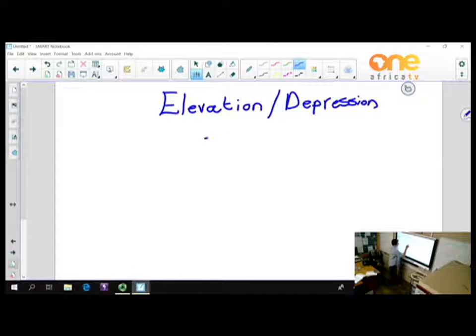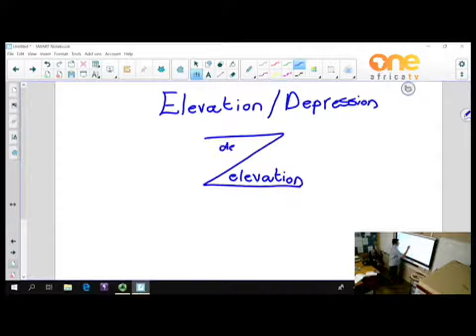So, if we draw it here, this is the angle of elevation, and this is the angle of depression. And this is parallel lines. So we also have alternating angles here. So the depression angle and the elevation angle in this case are going to be equal, because we must make sure that they are inside the triangle.